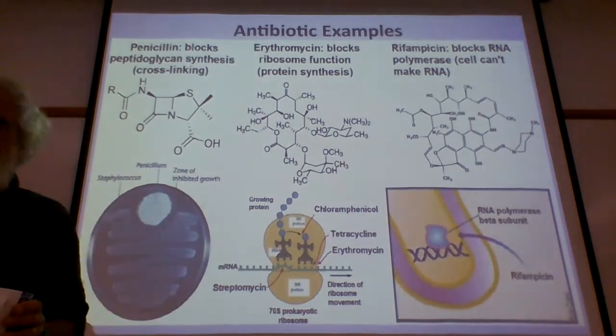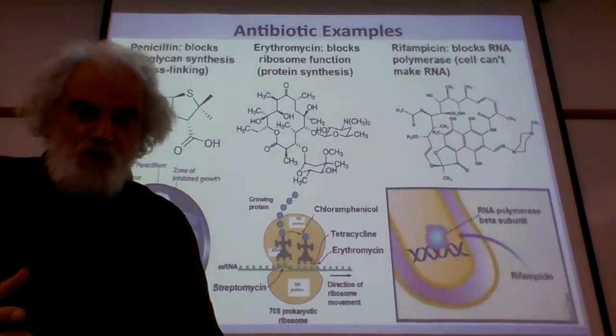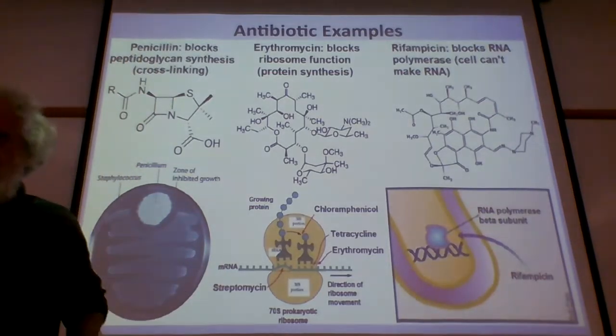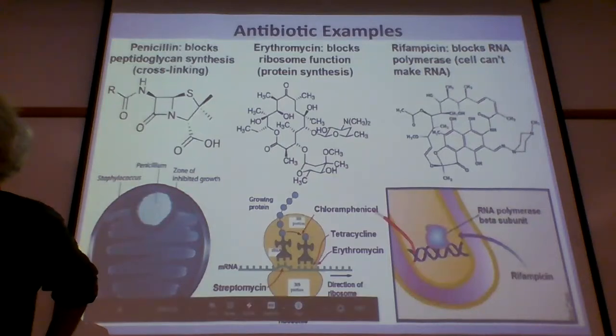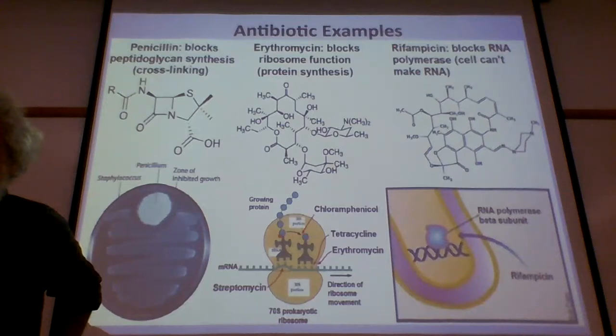So the ribosome and protein translation ends up being a fairly rich spot for antibiotic function, in that if we look here, chloramphenicol can bind to a spot on the ribosome and block any further protein translation, so the amino acid chain can't transfer from this tRNA to this one.